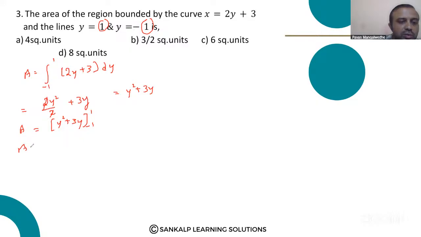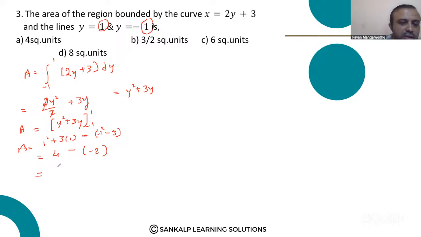So A is equal to 1 square plus 3 into 1, minus of minus 1 square minus 3. On solving this, 1 square is 1, 1 plus 3 is 4, minus of minus 2.